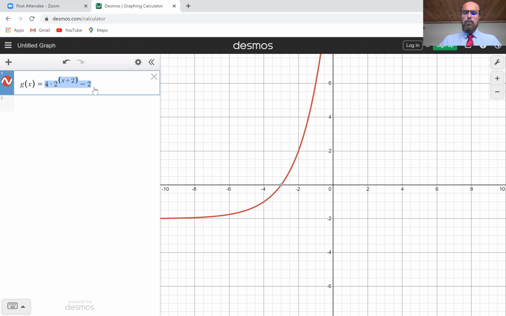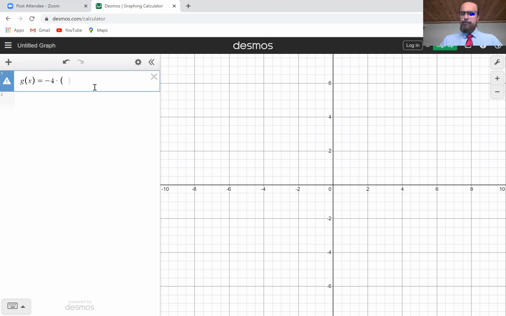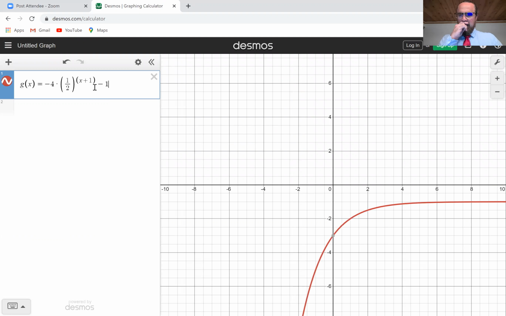So negative 4 times base 1/2 to the power of x plus 1, and then minus 1. Excuse me. And that looks great. Our equation is a faithful representation here on the graphing calculator of the graph that we had in our example.